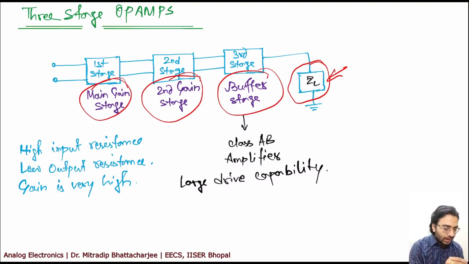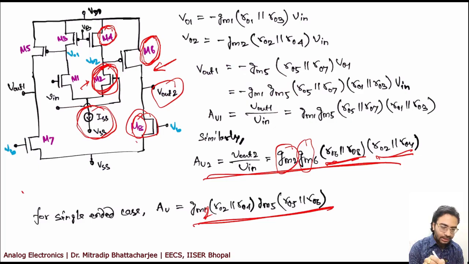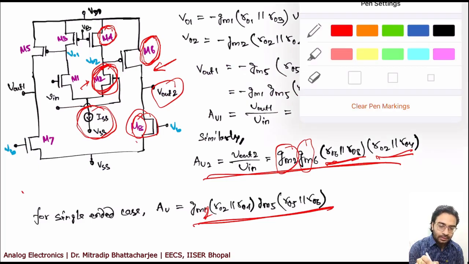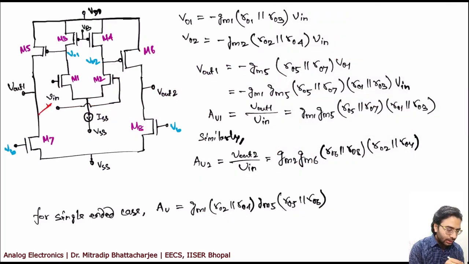But if you look at the input side, what will be your input resistance for the op-amp? If you look at the circuit here, this is your input, right? So your input resistance is basically the oxide sitting in between. So the input resistance will be very high, right?